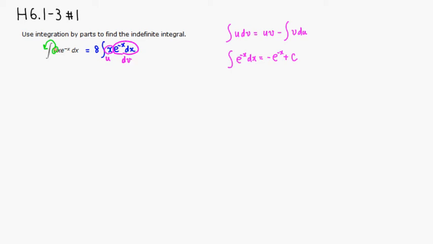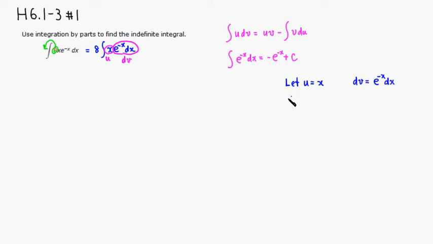Actually, I'm going to do it in a different place. I'm going to do it here. Let u be x, and dv be e to the negative x dx.